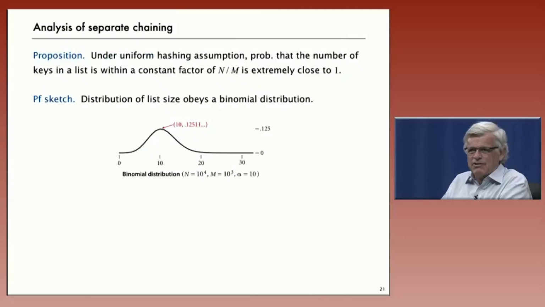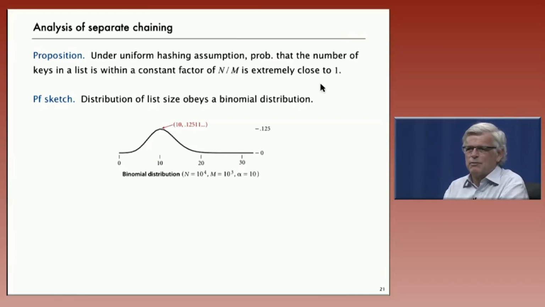And what about the analysis? Again, the standard probabilistic analysis of the balls and bins problem tells us a lot of information of what goes on. And again, if the uniform hashing assumption holds, the probability that the number of keys in a list is within a constant factor of n over m is extremely close to 1.